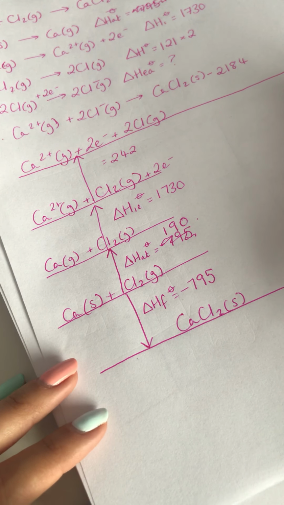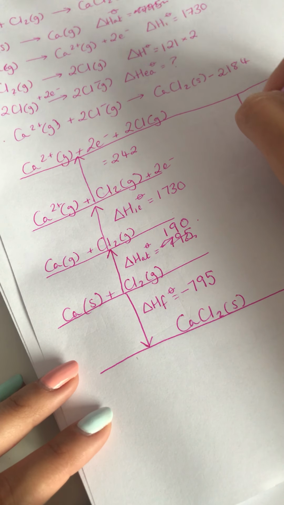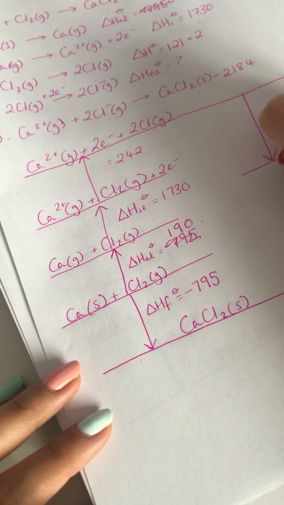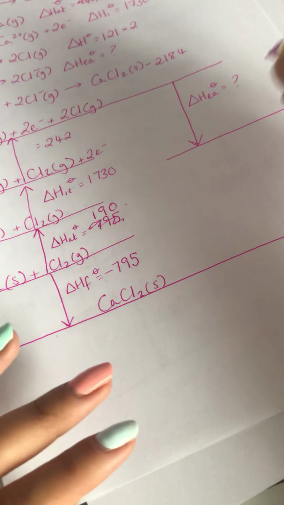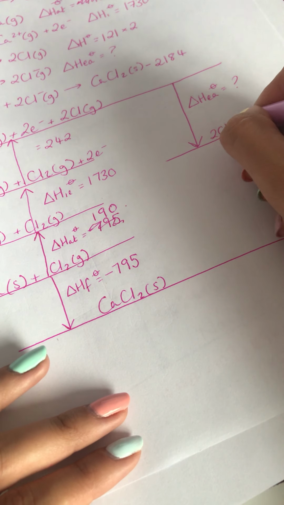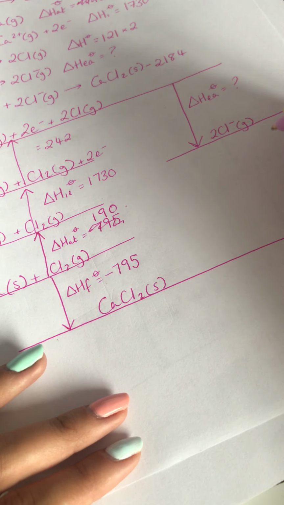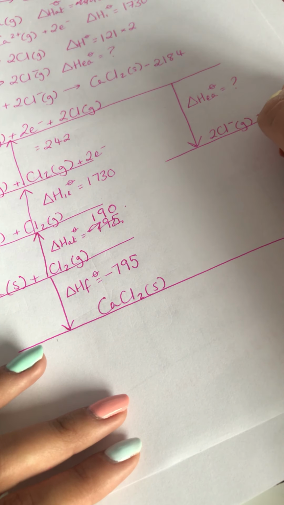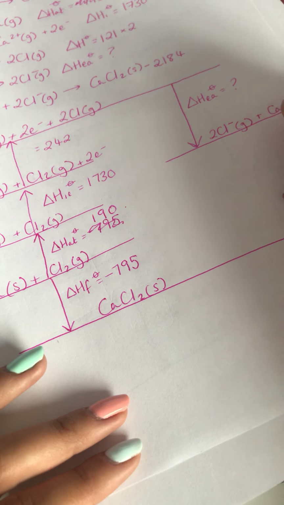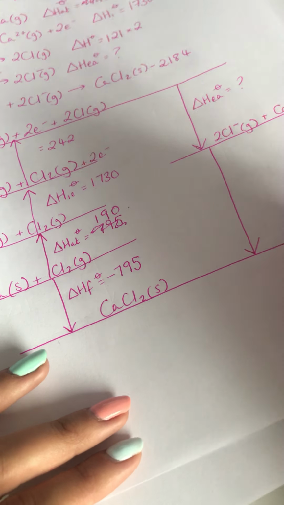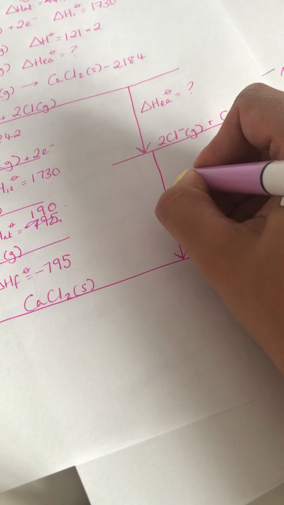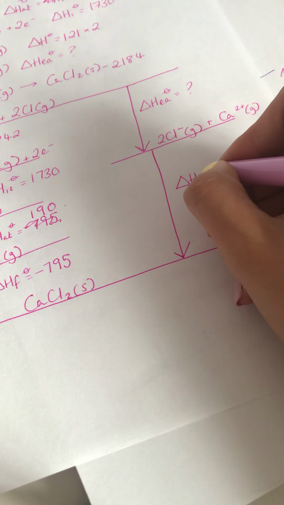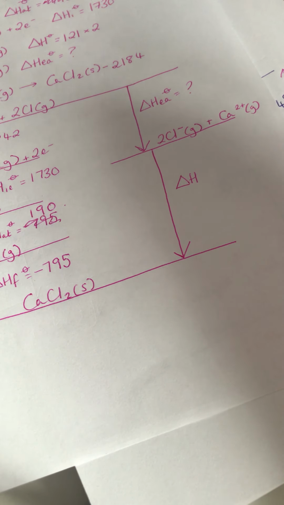And then on the right hand side, I've got my enthalpy of electron affinity, which is what I'm going to try and work out in a moment. Which is going to produce my 2 Cl minuses as a gas, and my Ca2 pluses as a gas, which is then going to turn into my CaCl2 as a solid, and we'll have an enthalpy change.